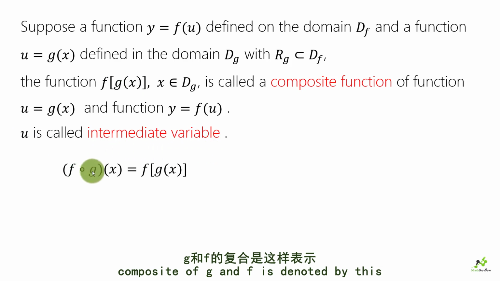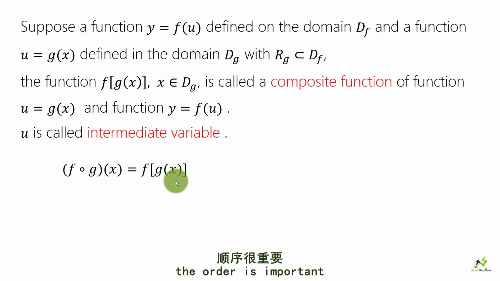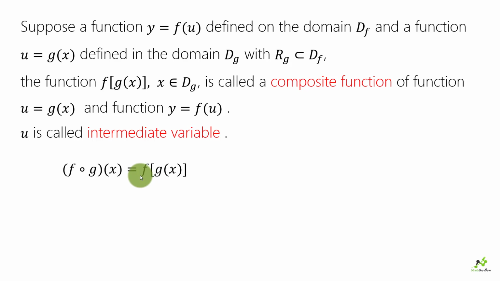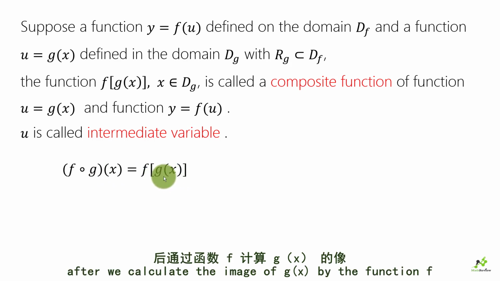Composite of g and f is denoted by this, equals f of g of x. The order is important. g comes first and f comes later. We first calculate g of x, after that we calculate the image of g of x by the function f.